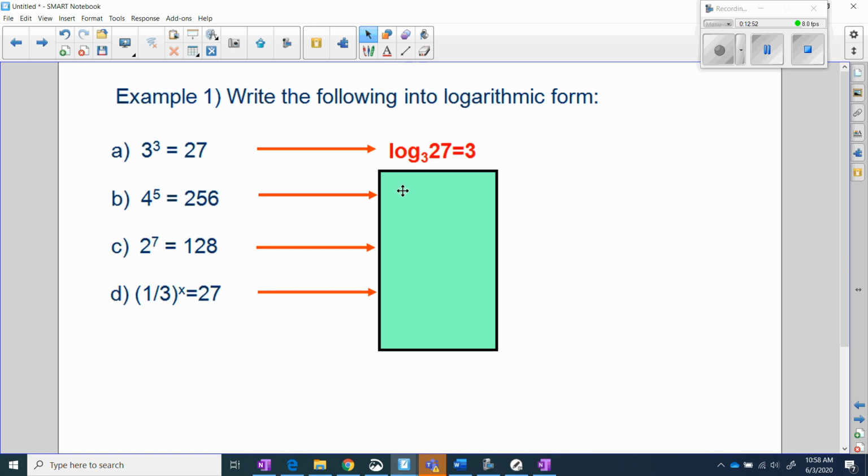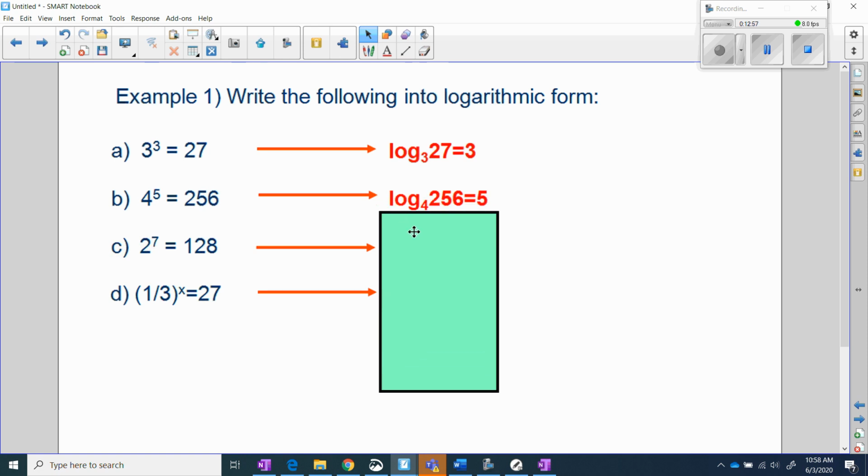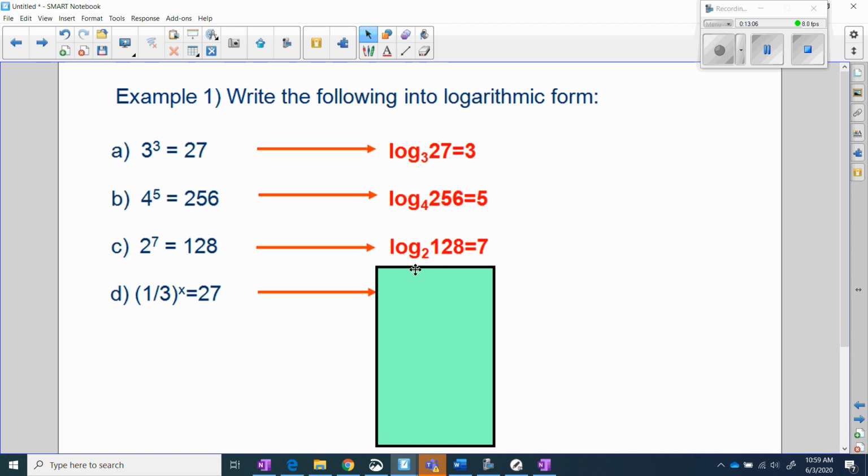Next, the log of 256 to base 4 equals the exponent. The log of 128 to base 2 equals 7. The log of 27 to base 1/3 equals our exponent. That's okay, as long as the base is positive and not equal to 1, you can have fraction bases.